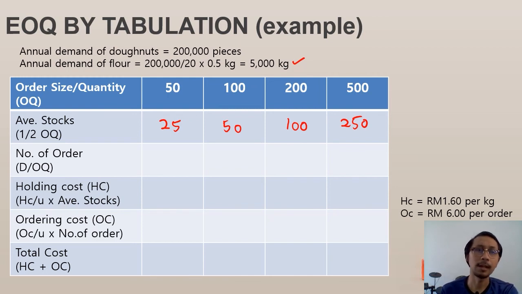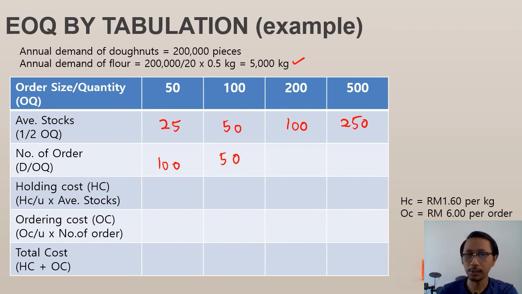Next, calculate the number of orders by dividing the demand by your OQ. Let's calculate. So first of all, for order quantity 50, the number of orders will be 100. For order quantity 100, the number of orders will be 50.